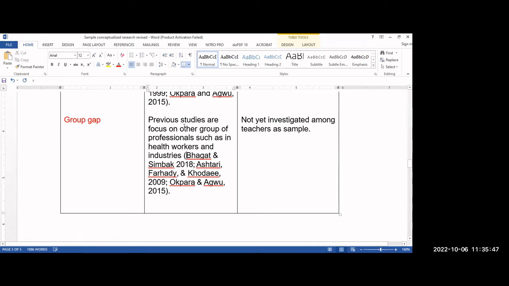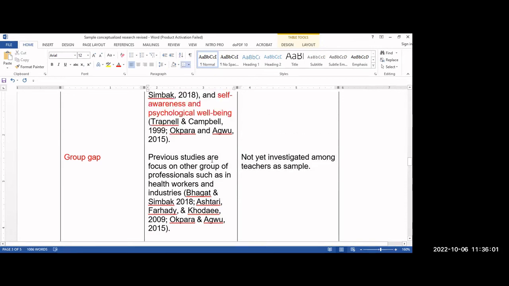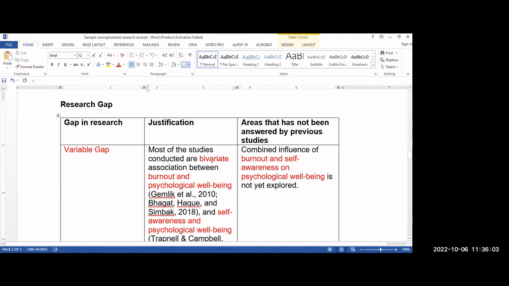Okay? Focus on other group but not yet investigated among teachers as sample. This is just an example. I'm not saying wala pa ito. But this is just an example of justification when we talk about research gap.